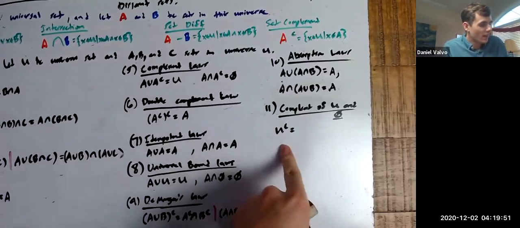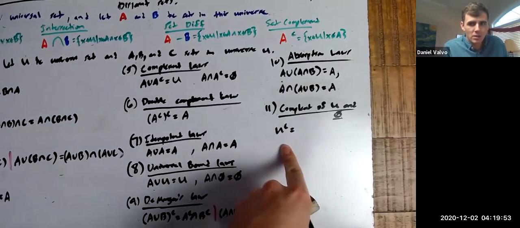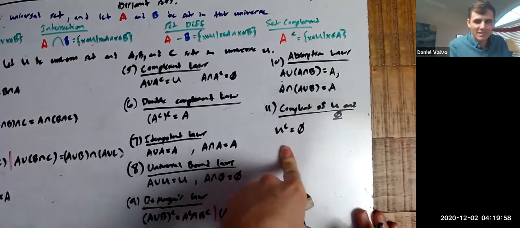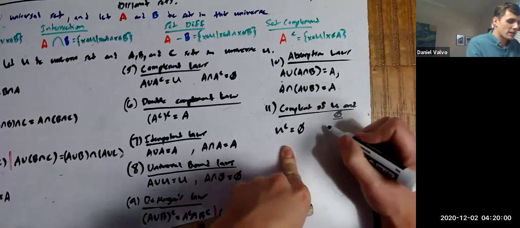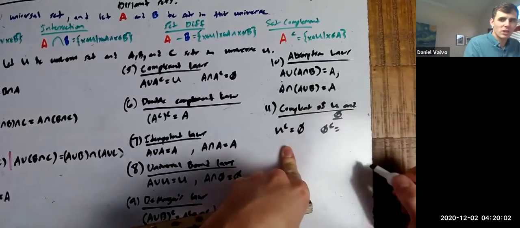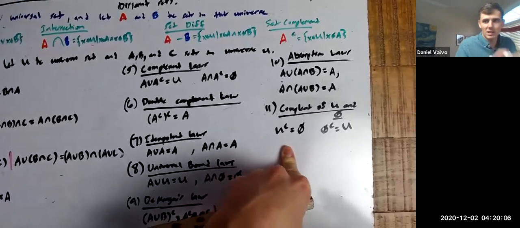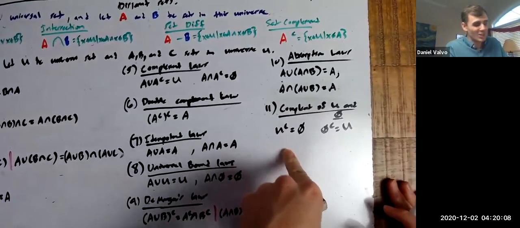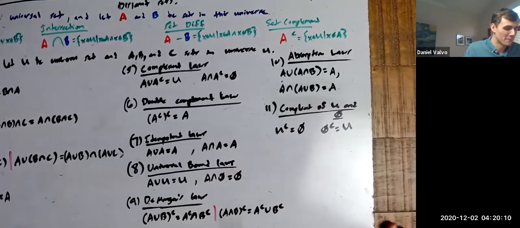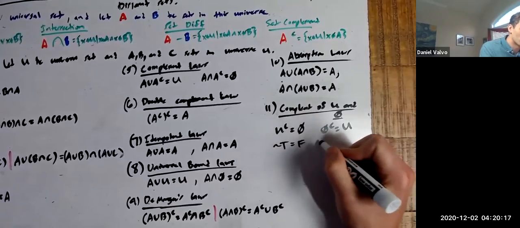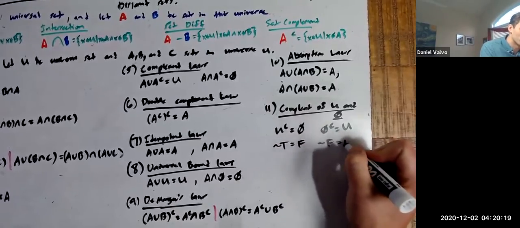And so if we take everything not in U, but in the context of U, that's just the empty set. And then if we take the empty set complement, so everything that's not in the empty set, well, that's just everything in our universe. Because nothing's in the empty set. So everything is in empty set complement. I think that makes sense. I mean, this is just like how the opposite of true is false, how the opposite of false is true. It's very interesting.